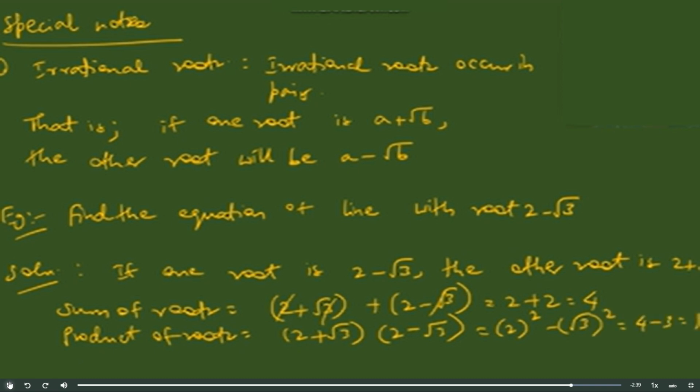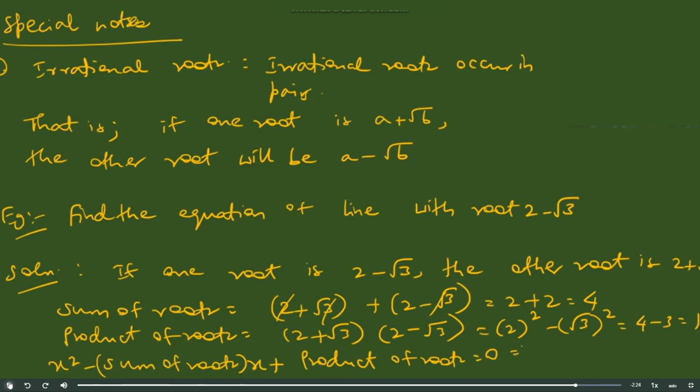So the equation is x square minus sum of roots into x plus product of roots is equal to 0. That is x square minus 4x plus 1 is equal to 0.